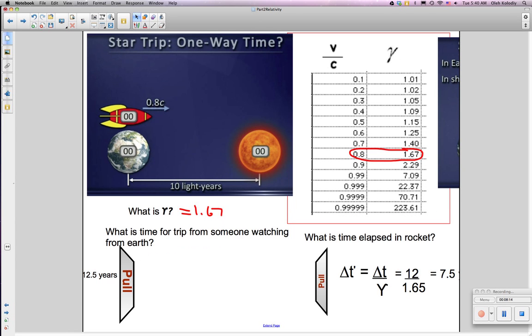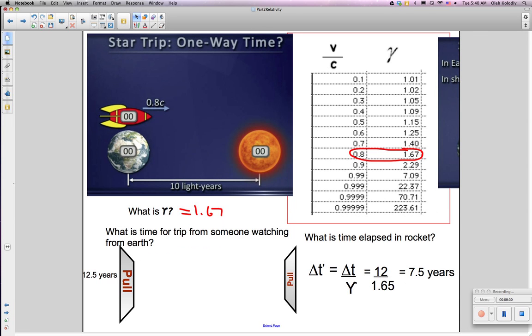The distance we're going to use here is 10 light years, and the velocity is 0.8, 8/10 the speed of light. So from the velocity equals distance over time equation, the time is equal to distance divided by the velocity. Each part of the trip will take 12.5 years. That means 12.5 years to the star and 12.5 years back.